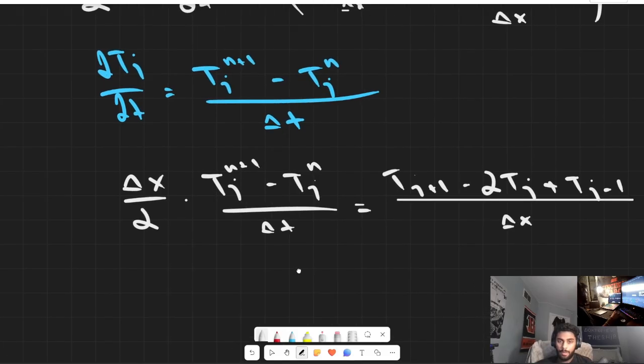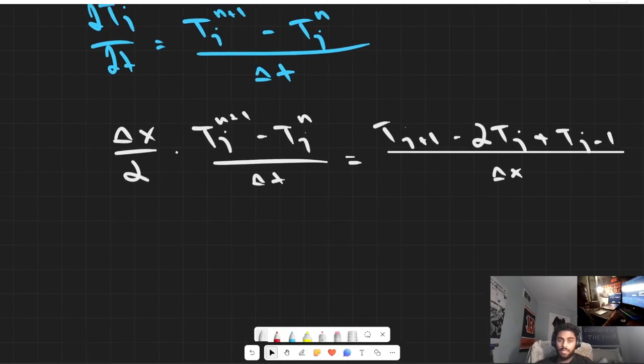So that's pretty good. Now the last thing that we can do is collect all of our delta x, delta t, alpha terms in this little box here. So let's do that.